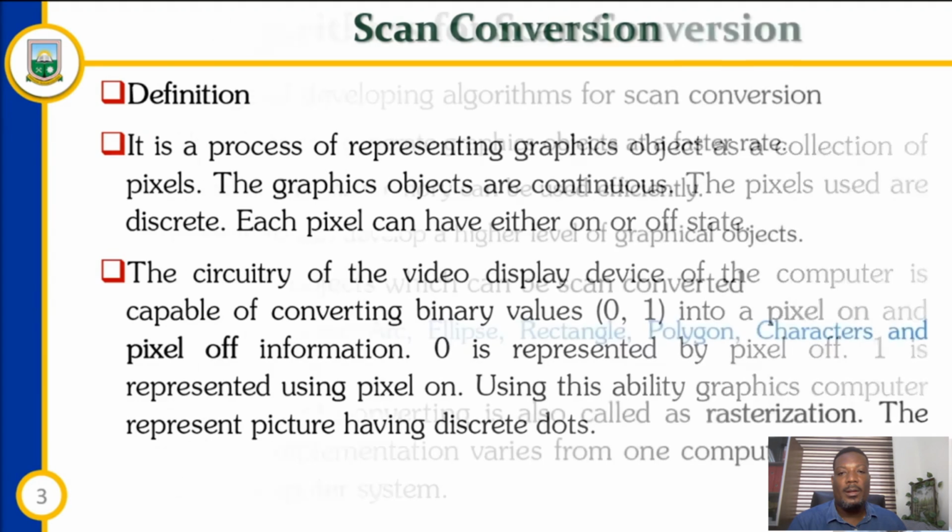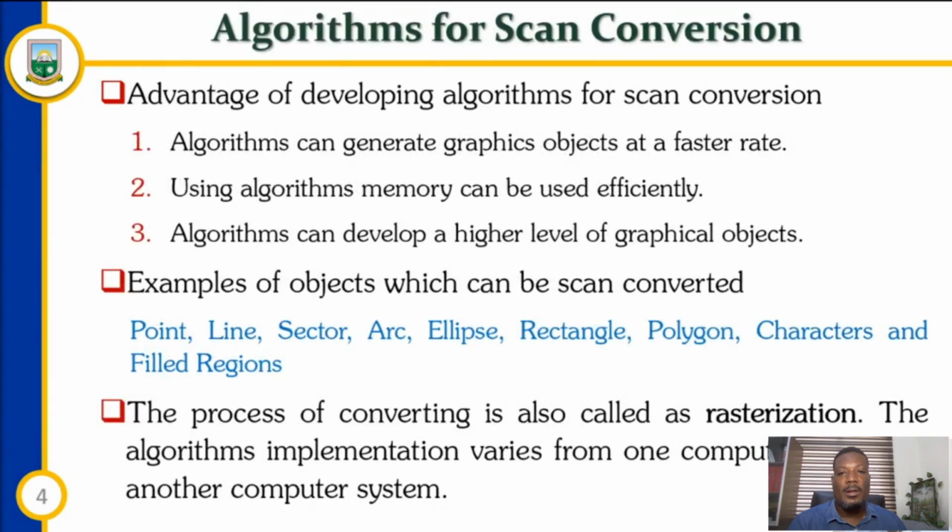So once you have an object in the 3D world, by the use of scan conversion, you can bring out the pixels from the continuous graphic object.